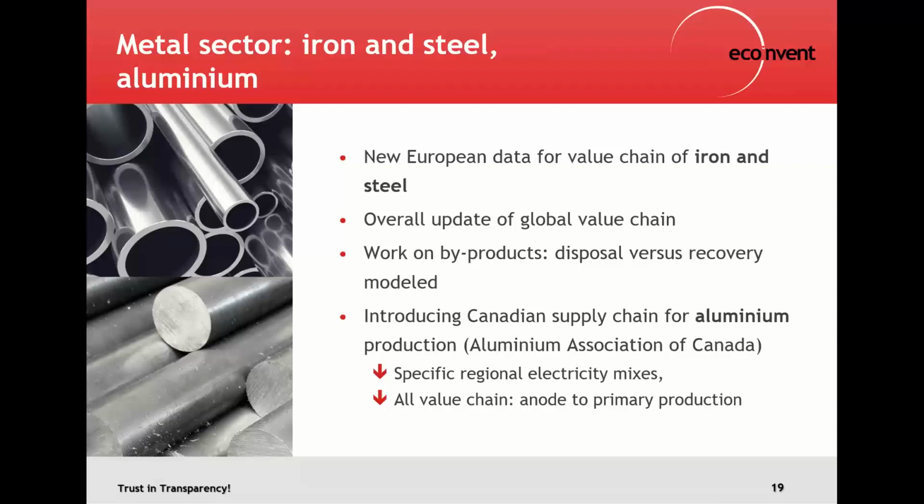The update covers the specific electricity mixes and the whole supply chain, from the production of anode and primary aluminium in Canada. This data is substituting the existing data for the region North America. So the remaining countries in North America are now included in our rest of the world region.